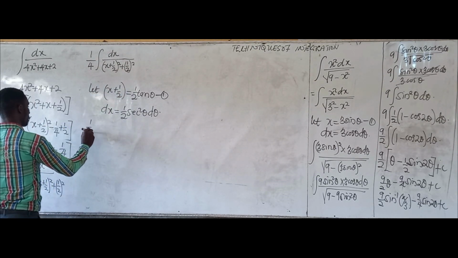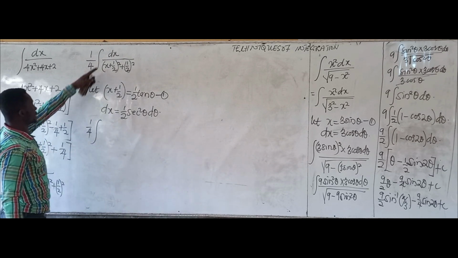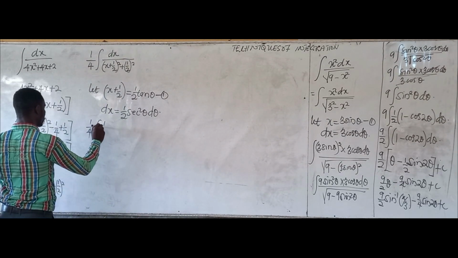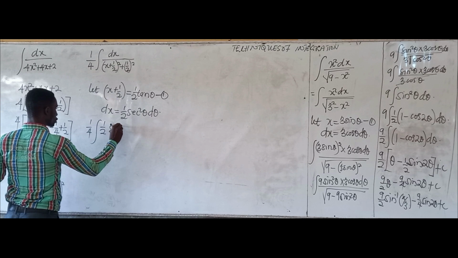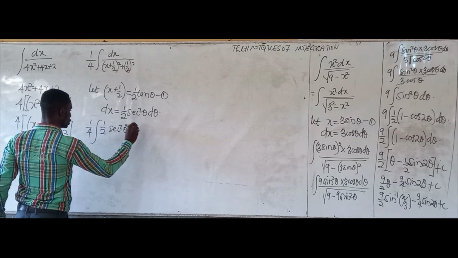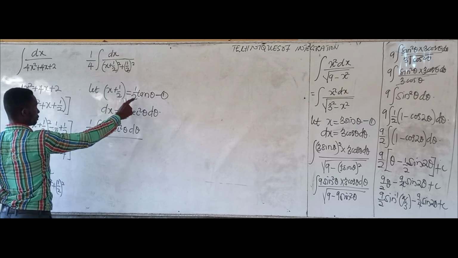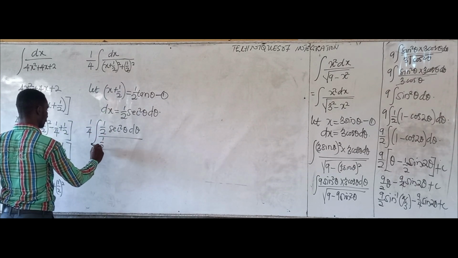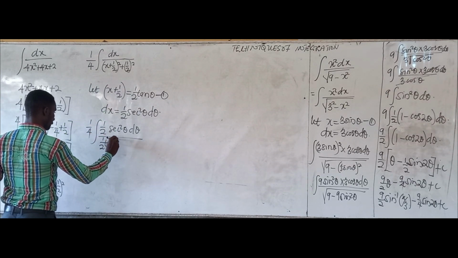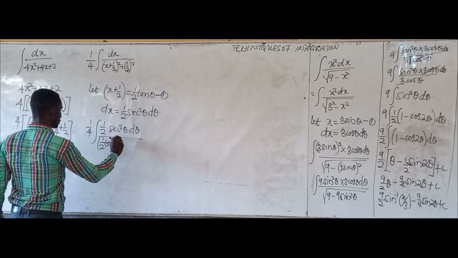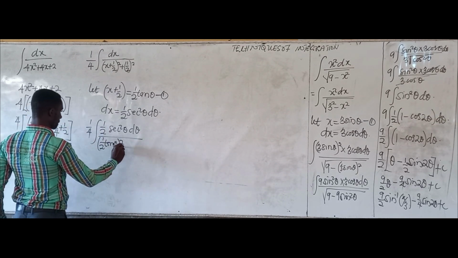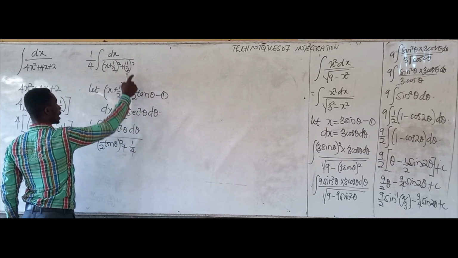We have 1 over 4 integral dx, which is half sec squared theta d theta over x plus half, which is half tan theta, but squared. So half tan theta squared plus 1 over 4.